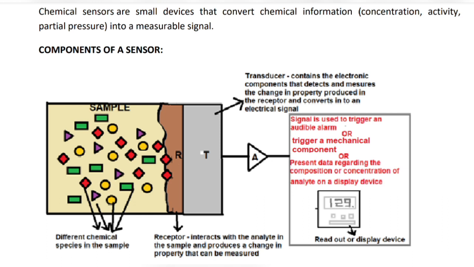The receptor interacts with the analyte in the sample and produces a change in a property that can be measured. The transducer contains the electronic components that detect and measure the change in property produced in the receptor and convert that change into a measurable signal.